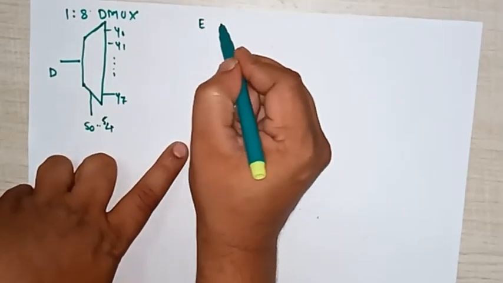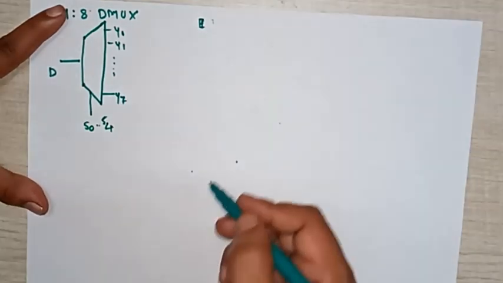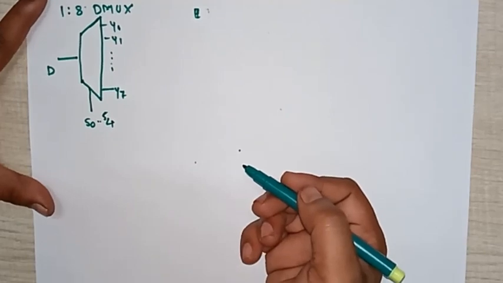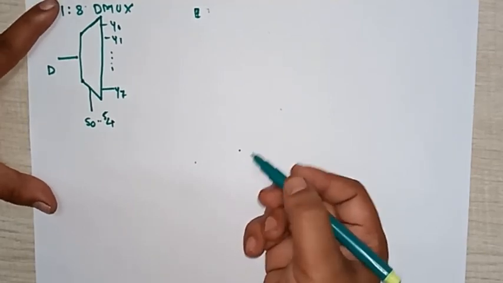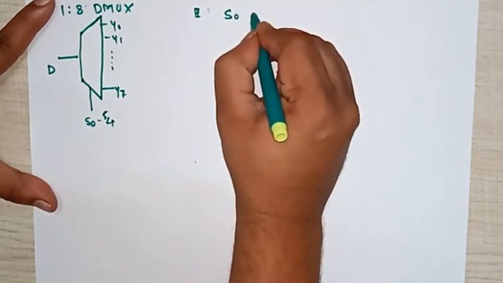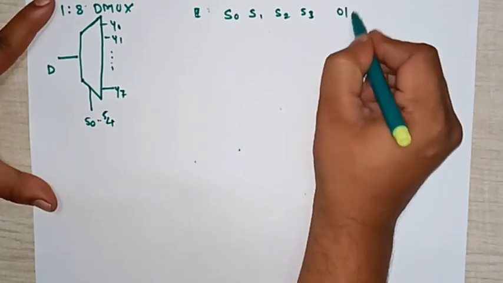Initially, suppose I will draw a simple form of truth table here, and the detailed truth table you need to draw as a homework part. For the simple form we will just take S0, S1, S2, and here the output.